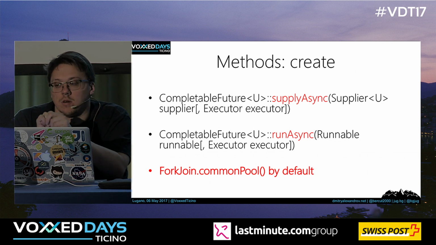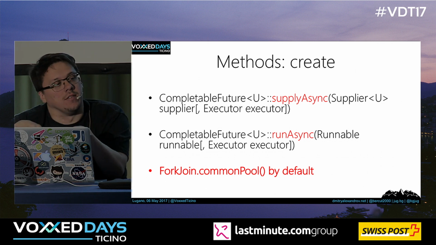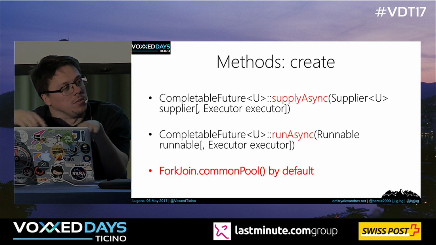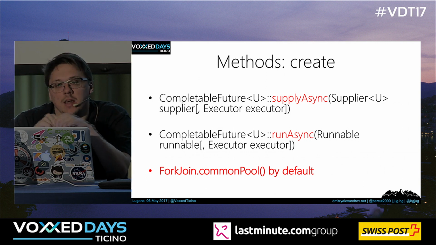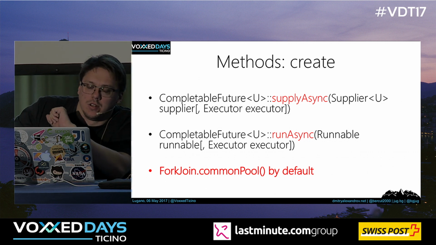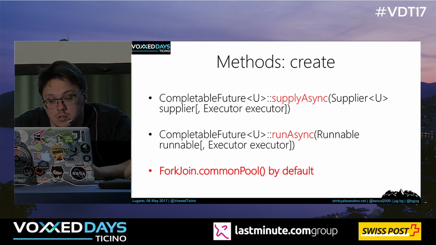But not only you have it, the whole JVM has it, so it can be polluted. Many other applications can use the ForkJoin pool, and this can be an issue. So if you have special conditions for executing your stuff somewhere else, you can pass in an executor and it's done gracefully, as you see.